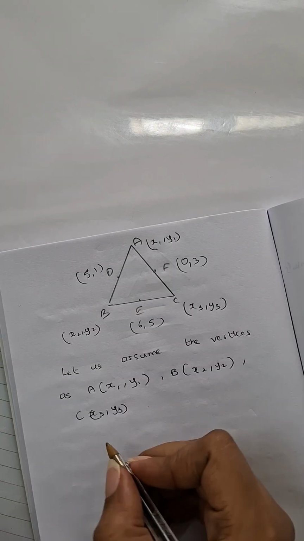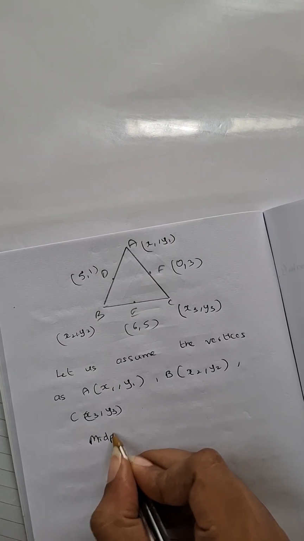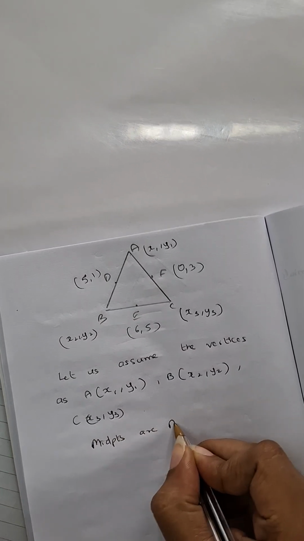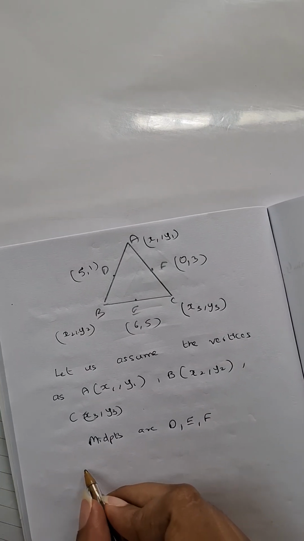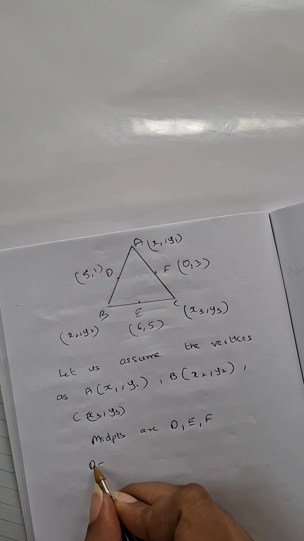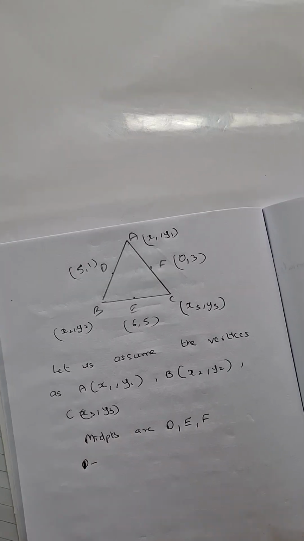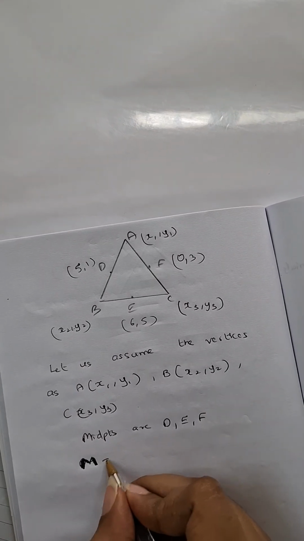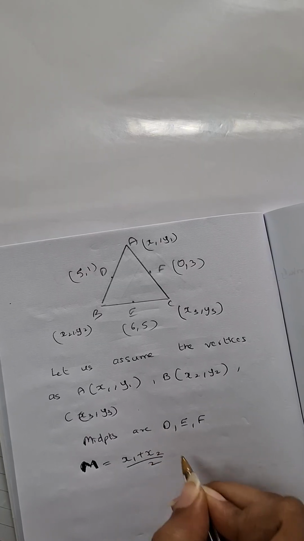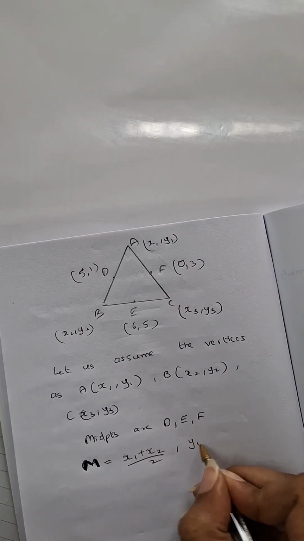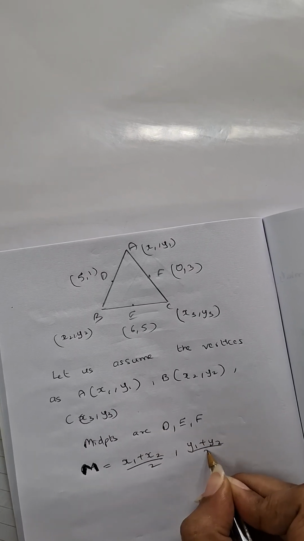So midpoints are D, E and F, and we know the formula for midpoint: (x1 plus x2) by 2, (y1 plus y2) by 2.